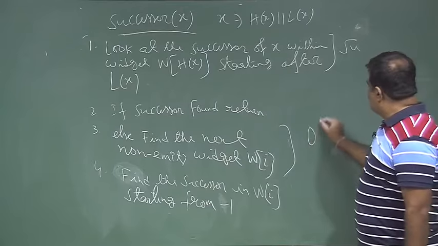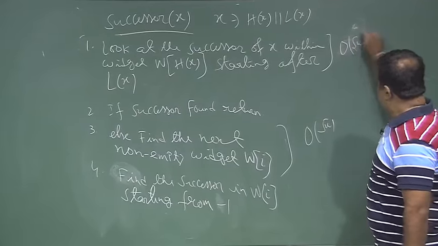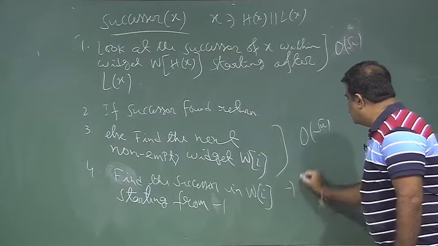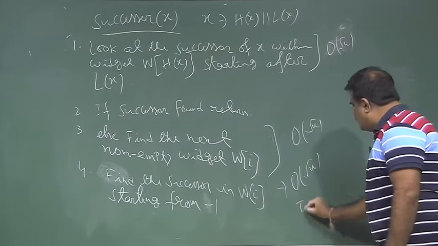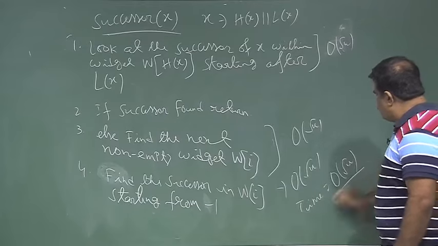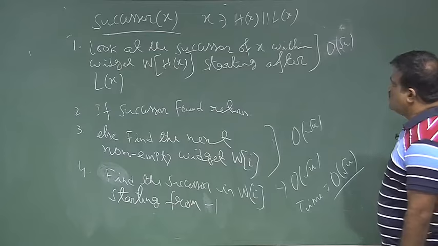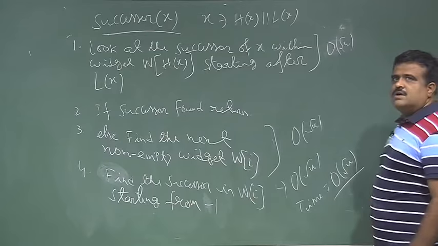So, this also will take order of square root of u, and this will also take order of square root of u. So, the time complexity for this algorithm is order of square root of u. Okay. So, this is the time complexity, but we want to do it in log u.